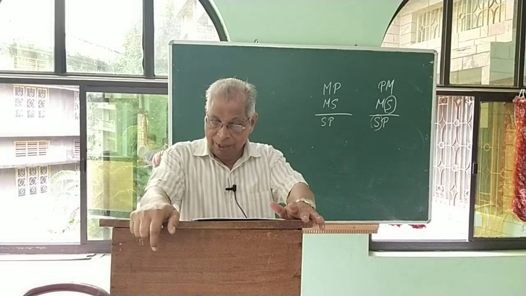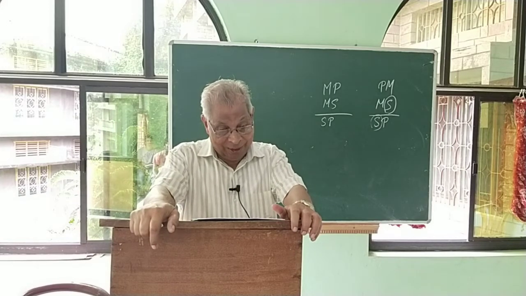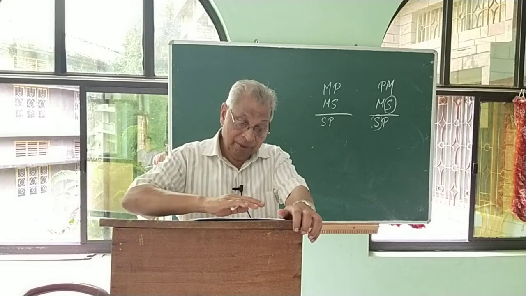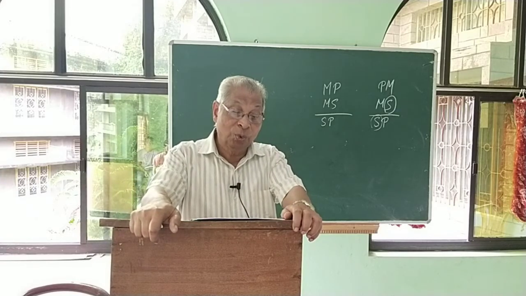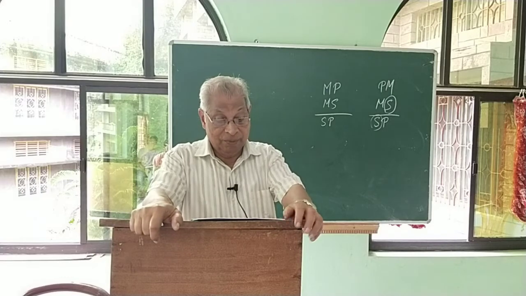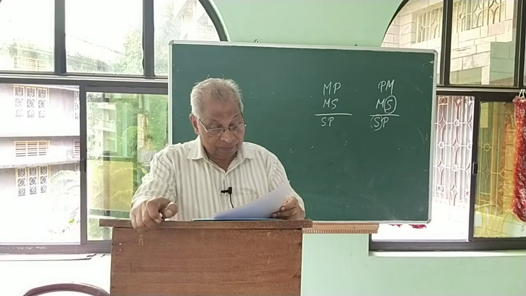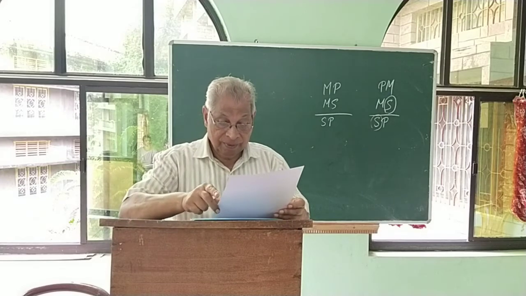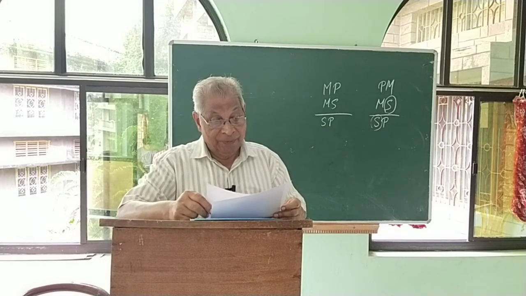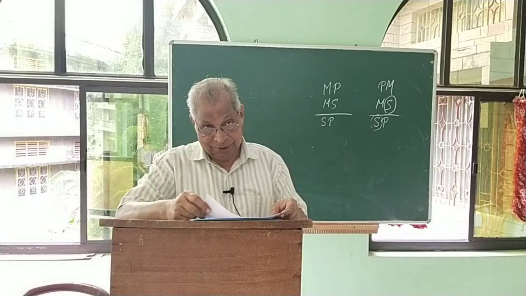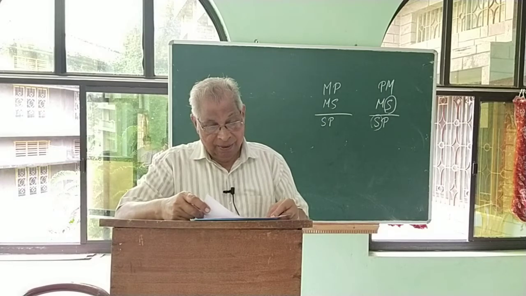Once those things are clear, the various rules as applied to the four figures also will be clear. That is regarding the figures of categorical syllogism. So there are four figures.